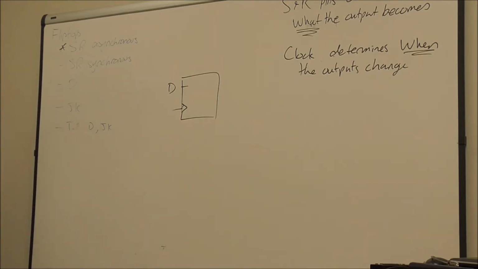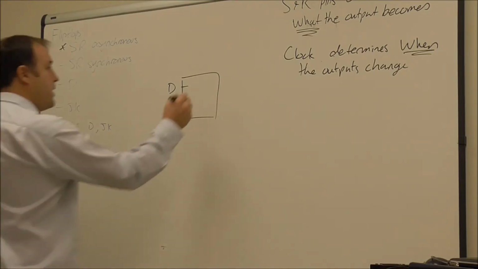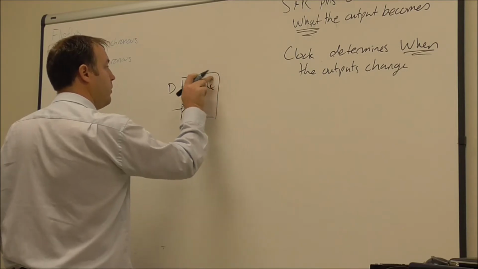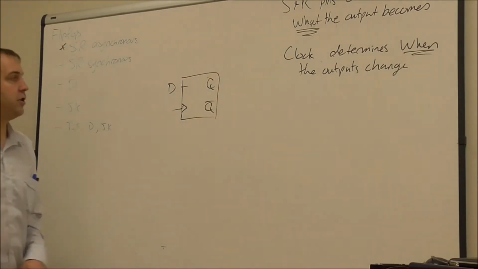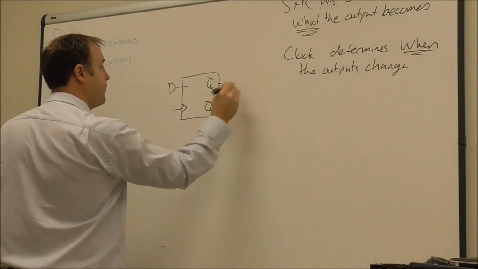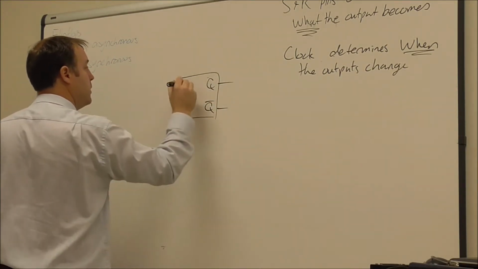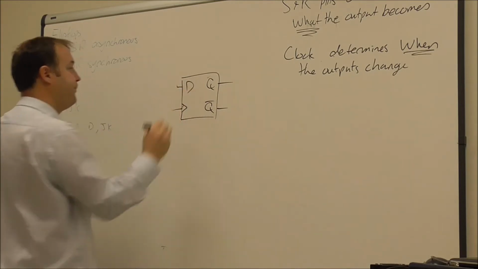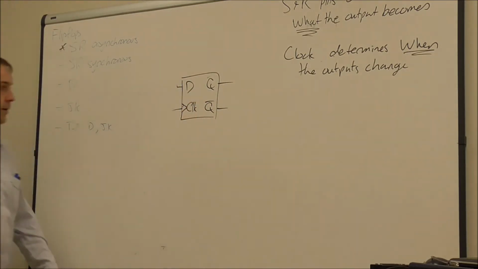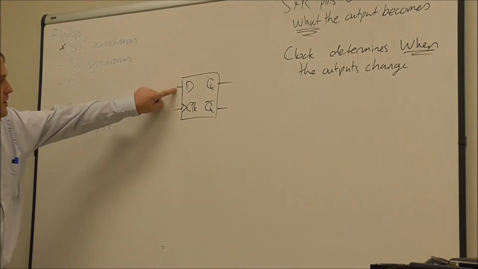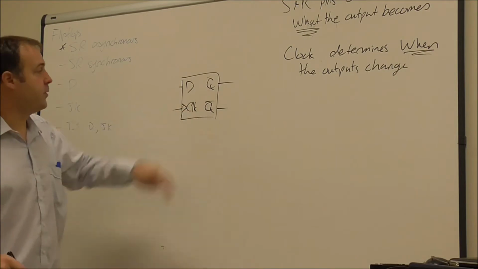It's also got a clock input, so it is a synchronous circuit, and as with all flip-flops, it has the two outputs Q and Q bar. So we have our input here, D, and we have our two outputs Q and Q bar.